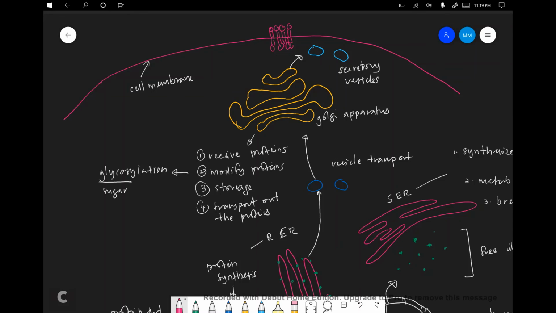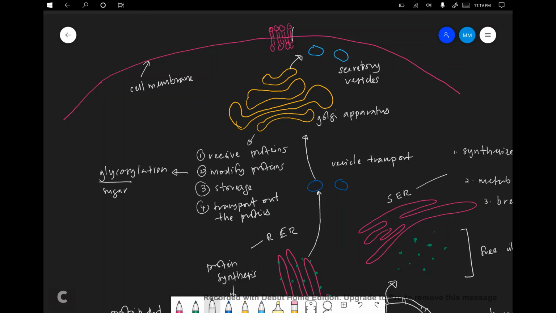So the secretory vesicles carry the proteins that have been modified by the Golgi apparatus, and the kind of modification sometimes involves addition of sugar to the proteins, and these proteins are destined for our cell membrane. So we are going to draw that protein here.